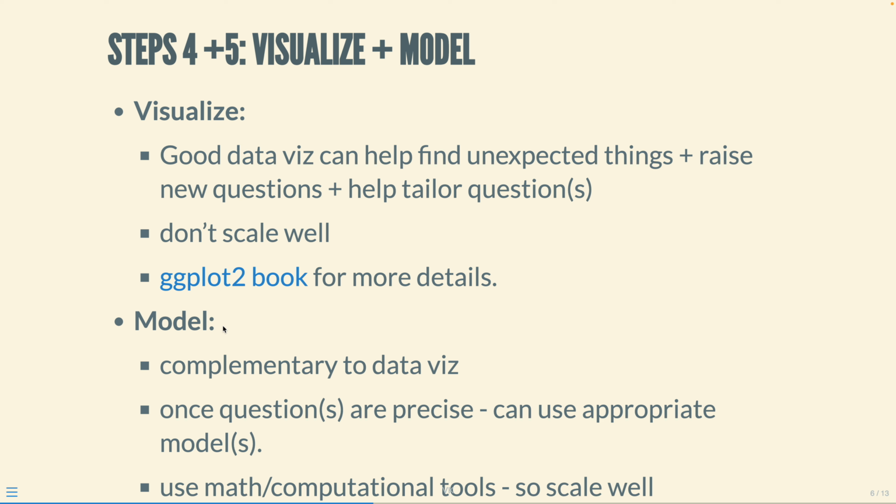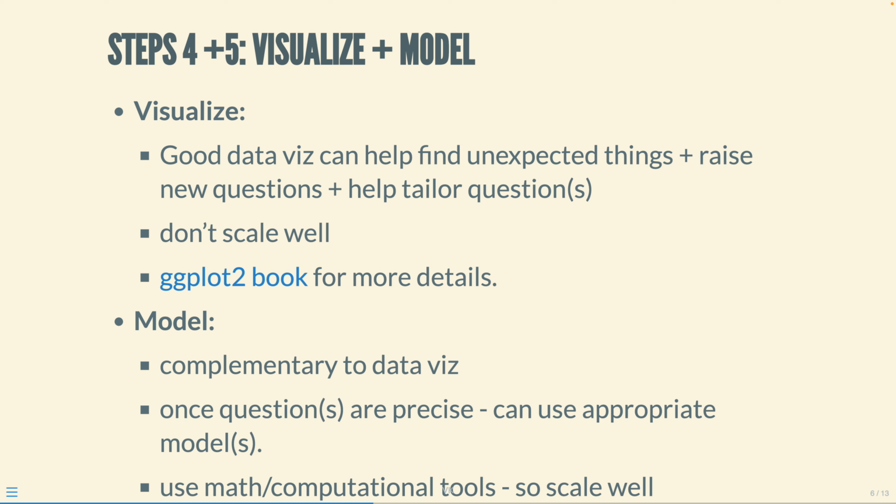Okay, now step number 5 entails modeling, and this is very complementary to data visualization. Once you have articulated your research question or questions, you can then try to figure out which model is appropriate to use for that particular research question.